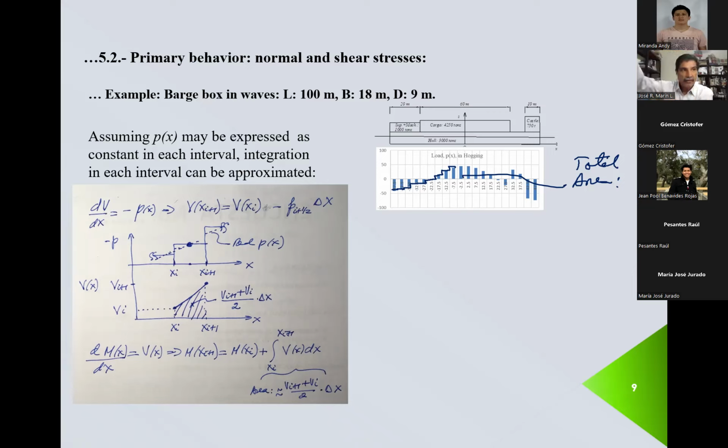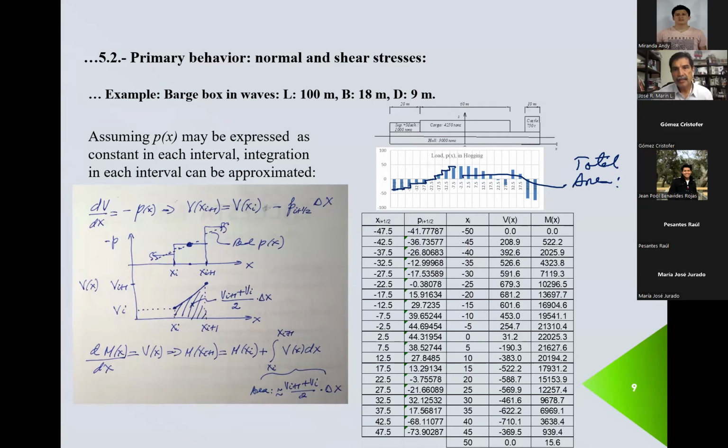If you integrate both, you're going to have total weight, total buoyancy, and they have to be equal. So we integrate from minus L over 2 until L over 2, that will give you 0. And if you integrate from here to there, the result is going to be the shear force at the end. Shear force at the end is going to be 0. So correct. And then this is the result. So I have these values.